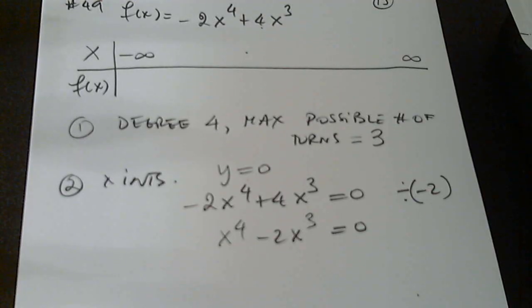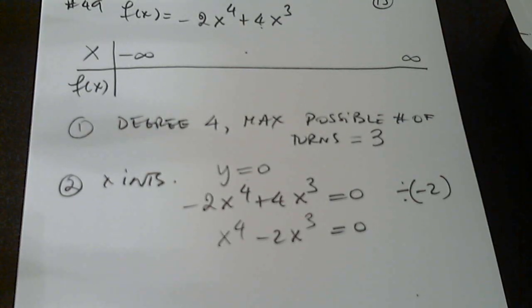How do I proceed to find those 4 solutions? What will you do in this case? First step, you will factor out what?